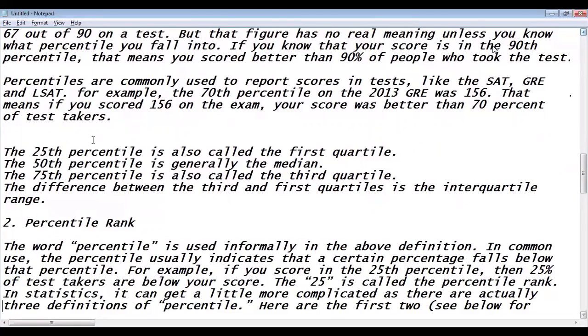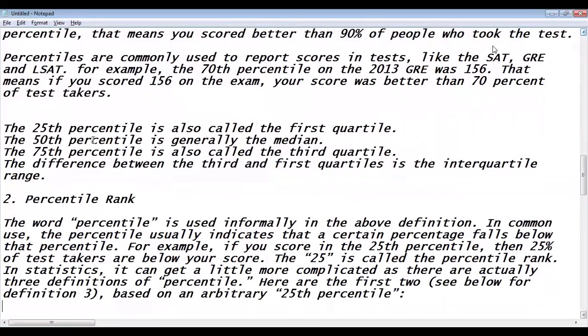For example, if you score in the 25th percentile, then 25 percent of the test takers are below your score. The 25 is called the percentile rank. In statistics, it can get a little more complicated as there are actually 3 definitions. We will see those 3 definitions one by one, how to find the percentile.